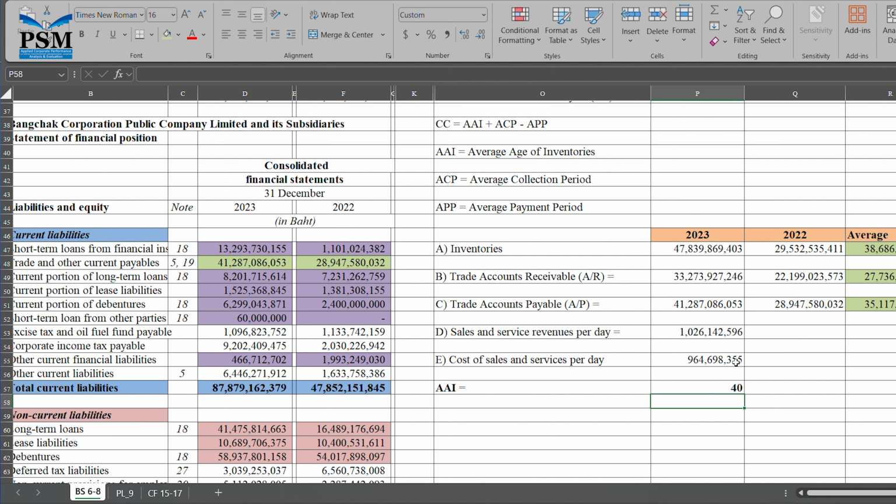That will give us the number of days, 40 days. We can write the formula: AAI equals average inventories divided by cost of sales per day.